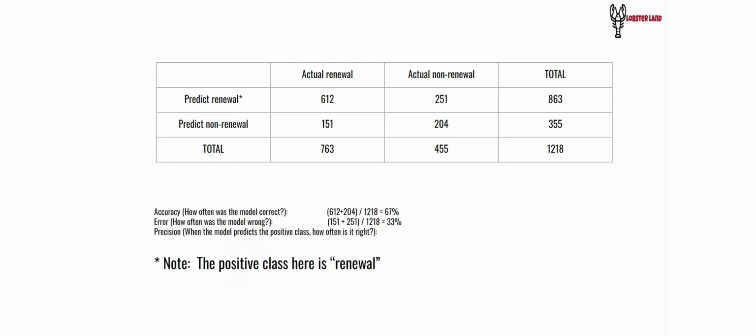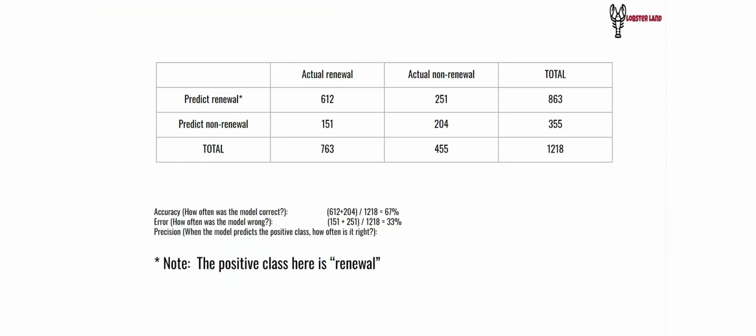In a binary classification model, one class is going to be labeled as the positive class, another as the negative class. But that doesn't mean that the positive class is one that is preferred, or that the modeler wants people to be.